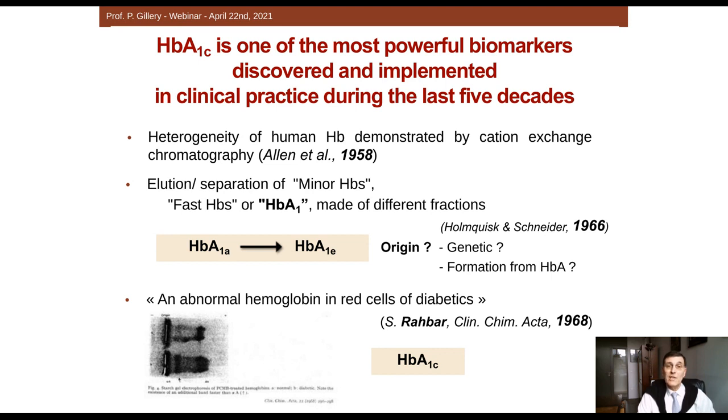Their origin was puzzling for many years. And in 1968, an abnormal hemoglobin was described in red cells of diabetic patients, and this so-called abnormal hemoglobin was HbA1c.